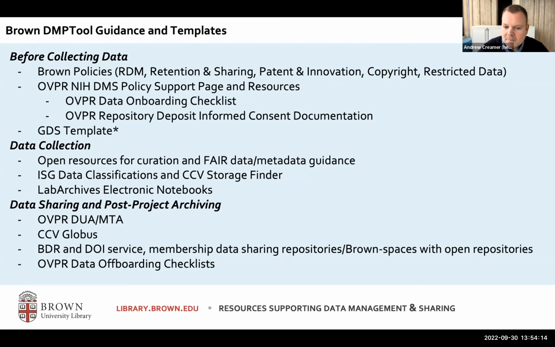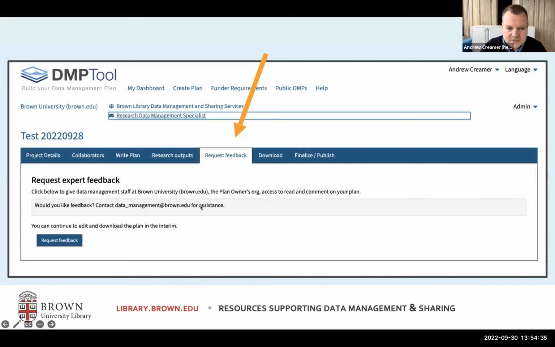There are some of the member repositories we have that are open to our Advance CTR community, and some other Brown spaces within open repositories, and then offboarding checklists. All of these are a summary of what you'll find in that expanded guidance section, in addition to some feedback on what to have in those sections.